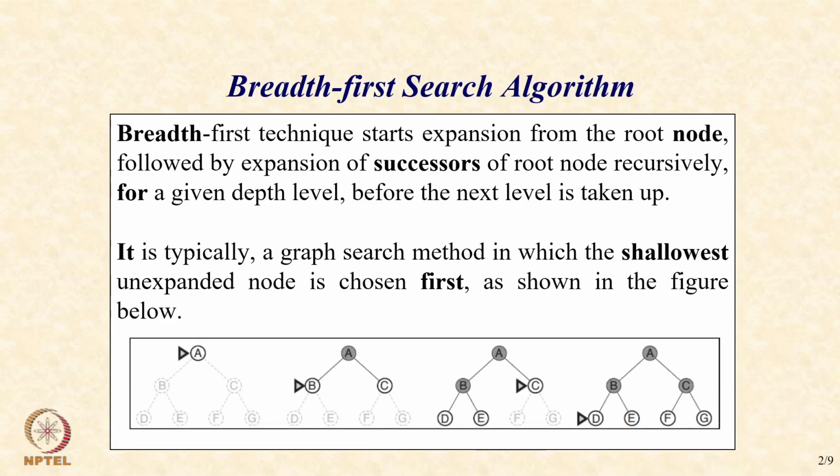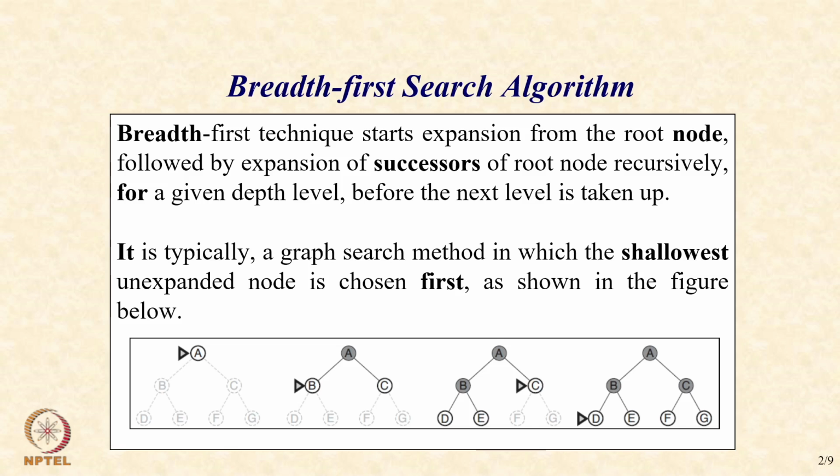So, let us look at it. Now, as we can see, the tree, starting with node A, is the parent node or what we call the root node, and then let us say we have successors like B, C, D, E, F, G and so on.